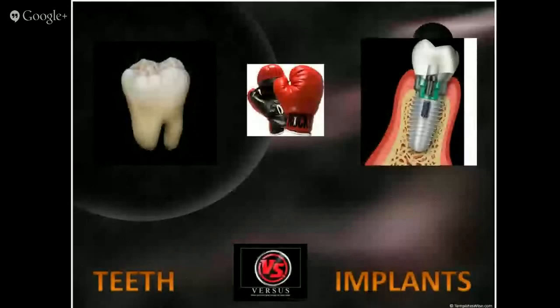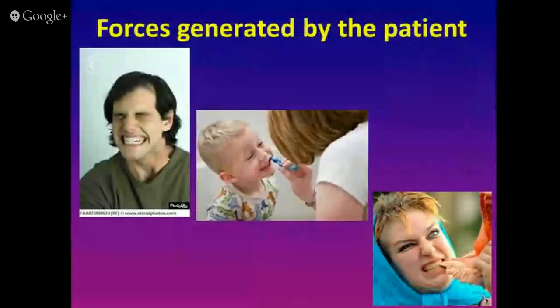So there are inherent differences that exist, because of which the occlusal scheme also has some differences, which we have to understand, incorporate, and be happy that these are the key success stories which we can build on thereafter. We also have to take into account the kind of forces generated by the patient.